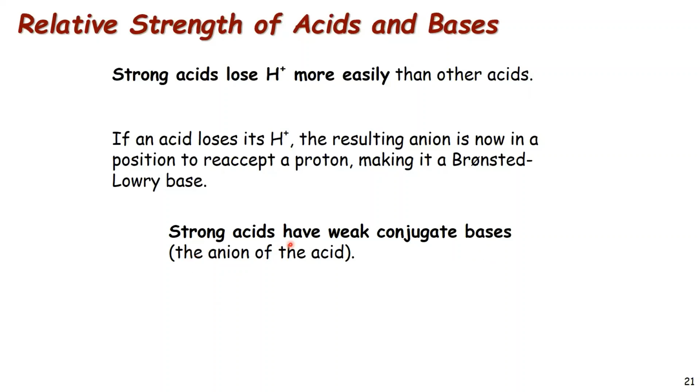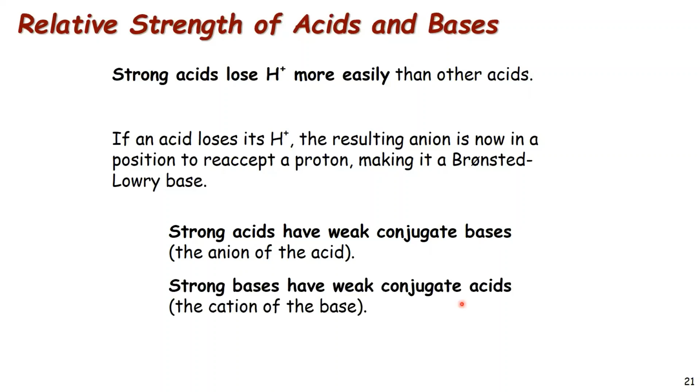In fact, their conjugate bases are so weak, they don't even really act as bases at all. And strong bases have weak conjugate acids. In fact, the conjugate acid of a strong base really isn't an acid at all. It doesn't want to give up that H+ or accept that OH. Okay?